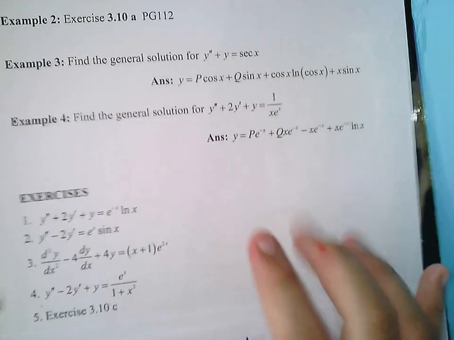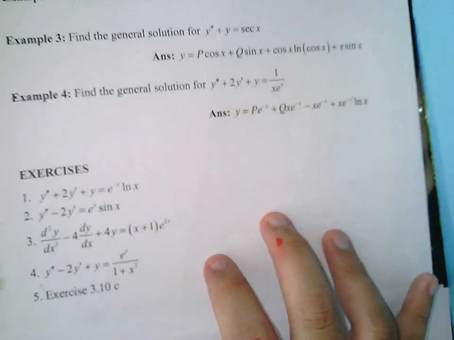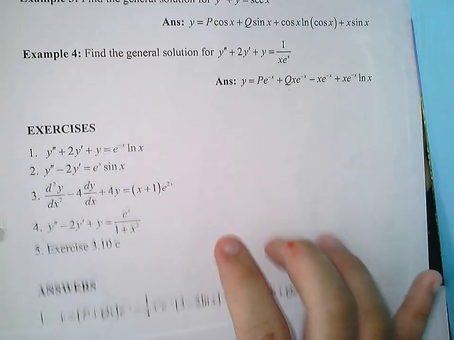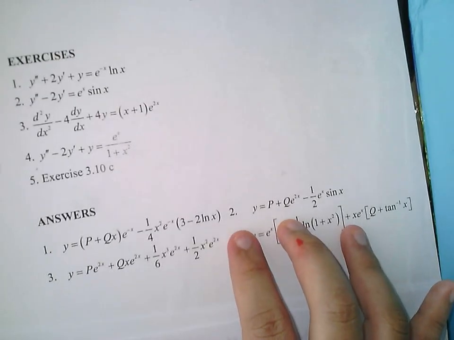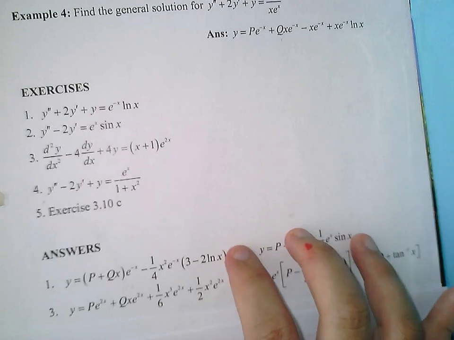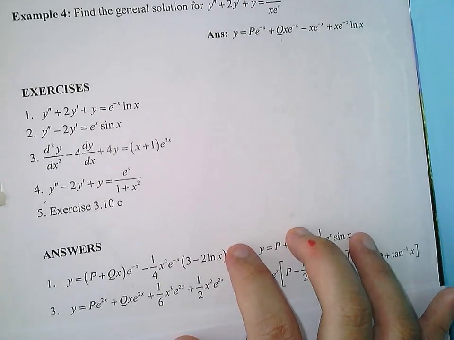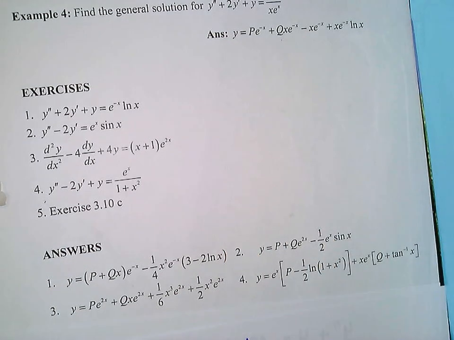These are the exercises involved with variation of parameter. And this one is the example, so I will upload this in the module, and you may download it from there. Basically we are at the end of this chapter.